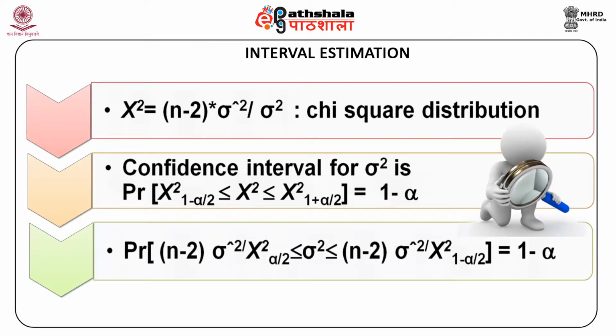That is, Pr[(n minus 2) sigma hat squared divided by chi-square alpha divided by 2 is less than sigma squared, which is less than (n minus 2) sigma hat squared divided by chi-square 1 minus alpha divided by 2], the whole thing equal to 1 minus alpha.